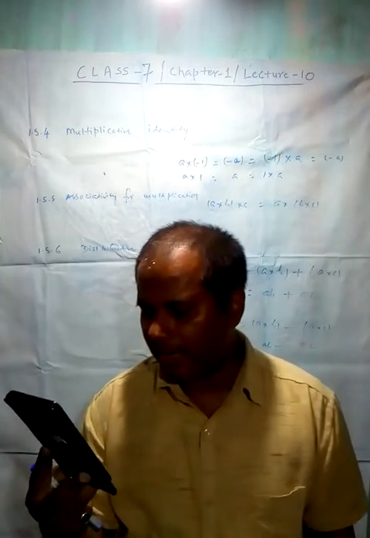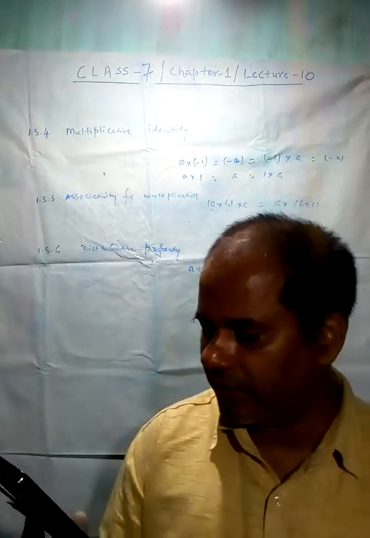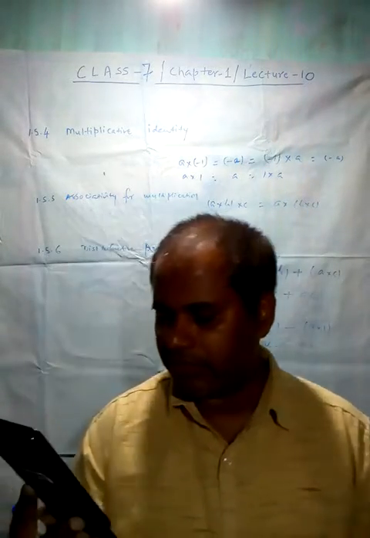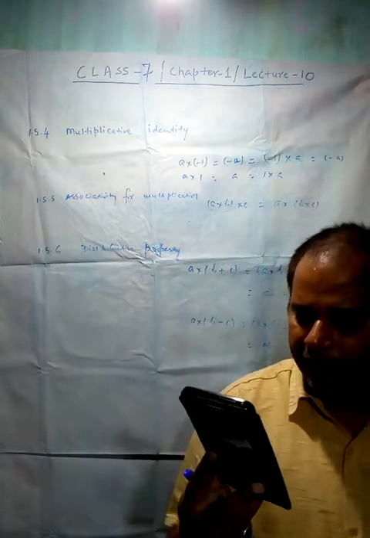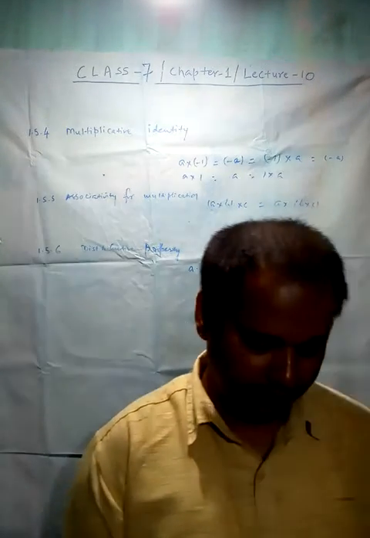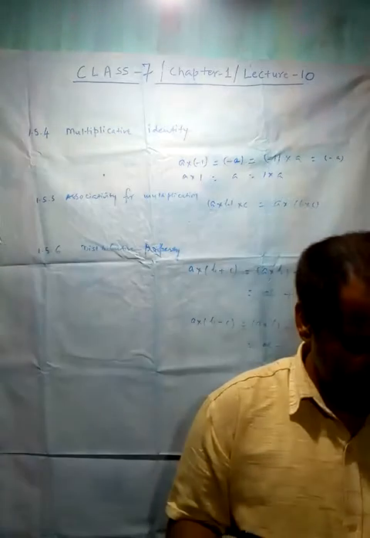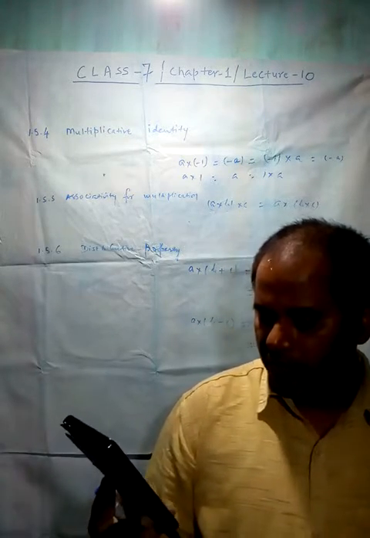So we find that commutativity, associativity and distributivity of integers help to make our calculations simpler. Let us further see how calculations can be made easier using these properties. Question number 2.